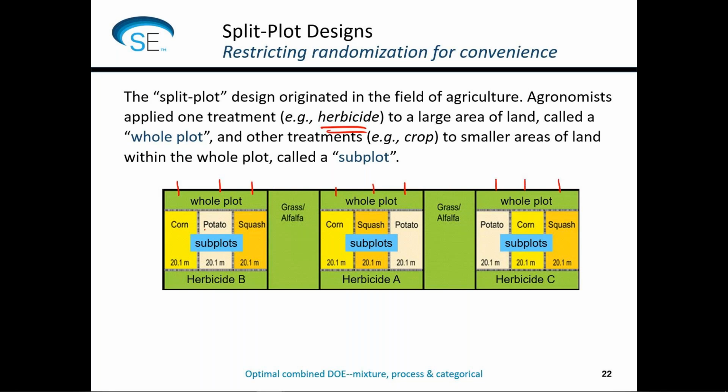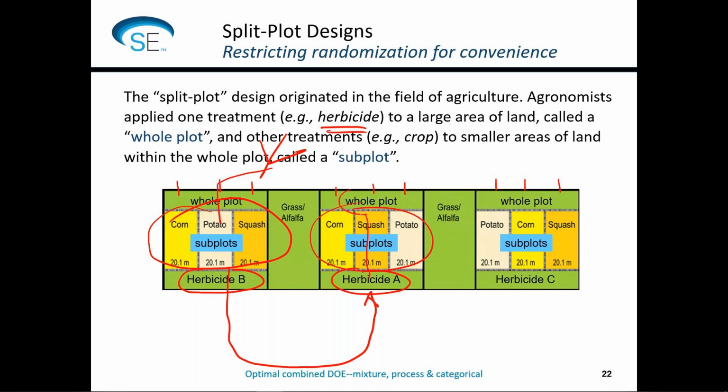So what they do is they, in their airplane, and this is supposed to be an airplane, but I know it's pretty bad, but in that airplane is a tank, and the pilot's going to switch over randomly according to the plan to different herbicides, and then he's going to spray across these subplots that are also randomly applied before flying back around and switching the tank by the random plan back to a second herbicide, spraying across all three subplots in this whole plot, and it goes like that.